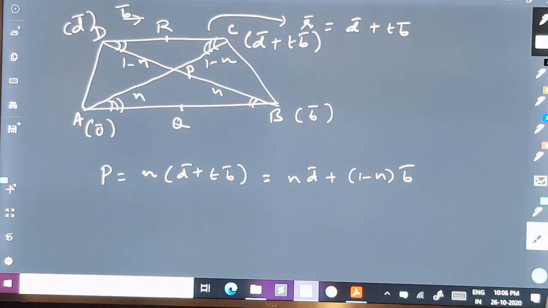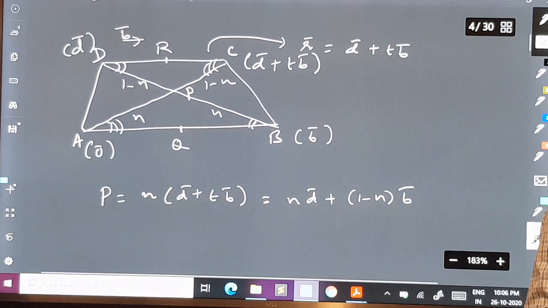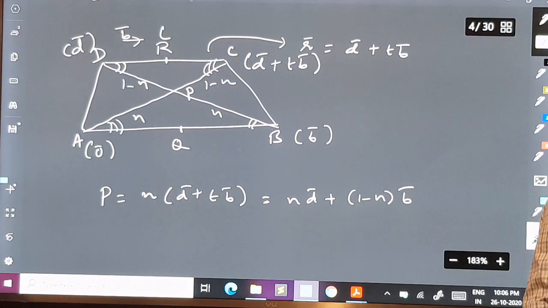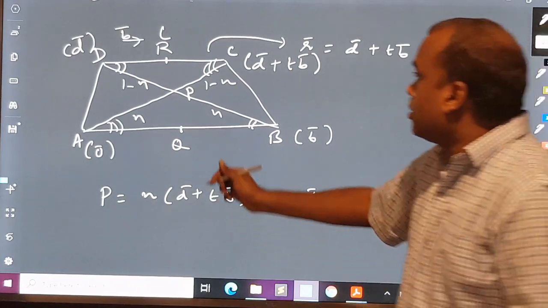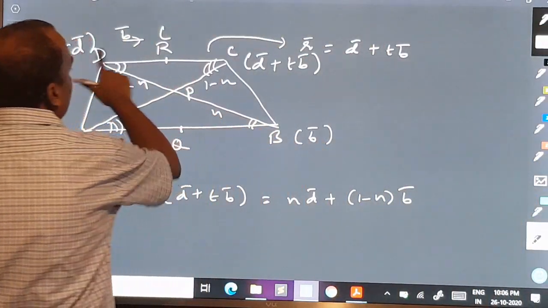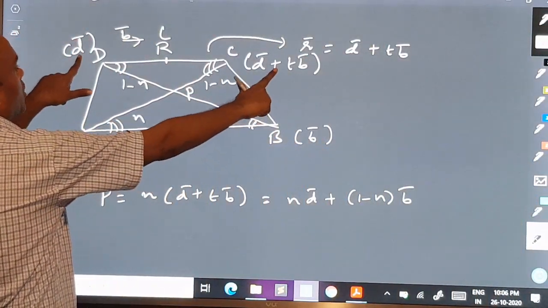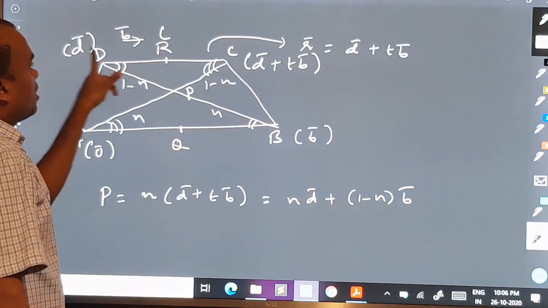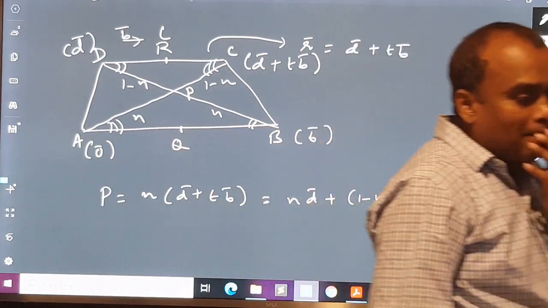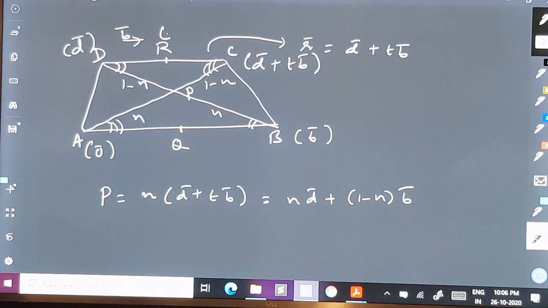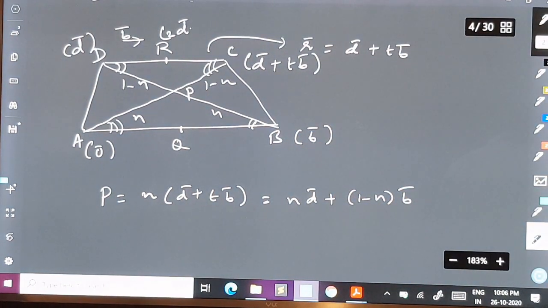That is enough. That is what we have to prove. They are collinear. I want you to observe that the point R bar, it being the midpoint of these two, is nothing but 2D bar plus TB bar by 2.